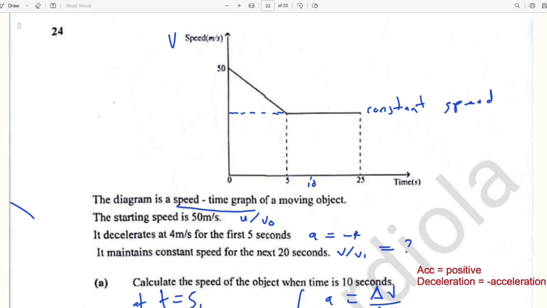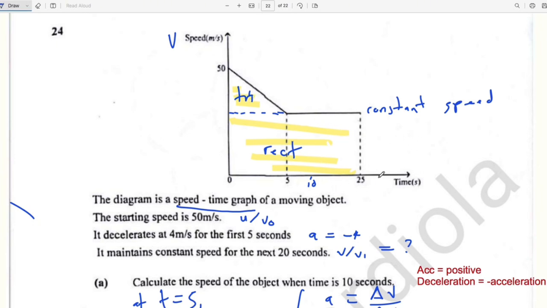Okay, so what we simply do here is we are going to calculate the area under this rectangle and then add the area of the triangle. So we've already ascertained that the constant speed is 30. So our value there will be 30. I prefer this one. This method is much faster and simpler and more direct.